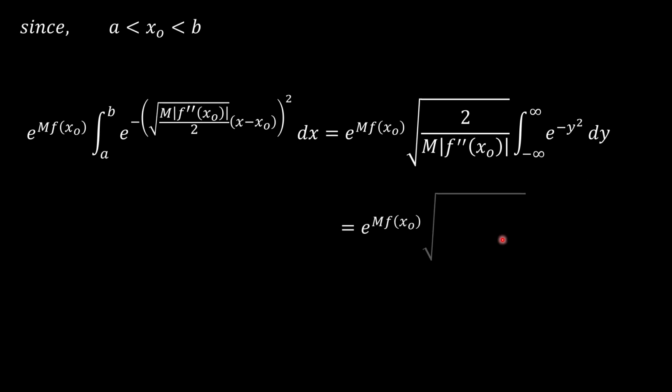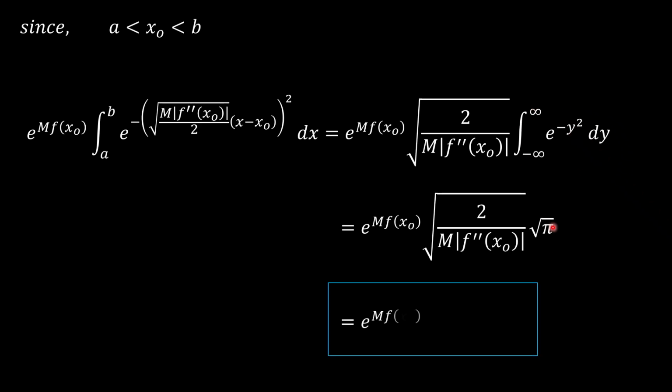That means our integral becomes e to the power m f(x naught) times the square root of 2 over m times the absolute value of f double prime x naught times the square root of pi, which results from this Gaussian integral. Then we can just combine the square roots.